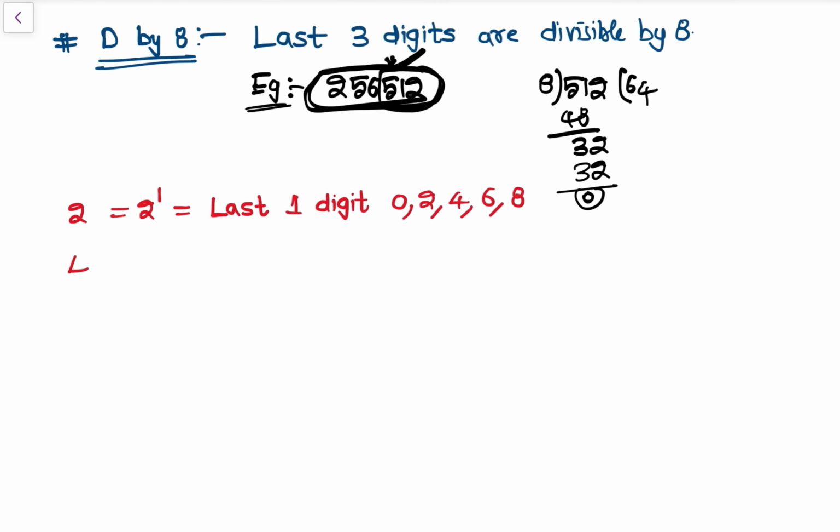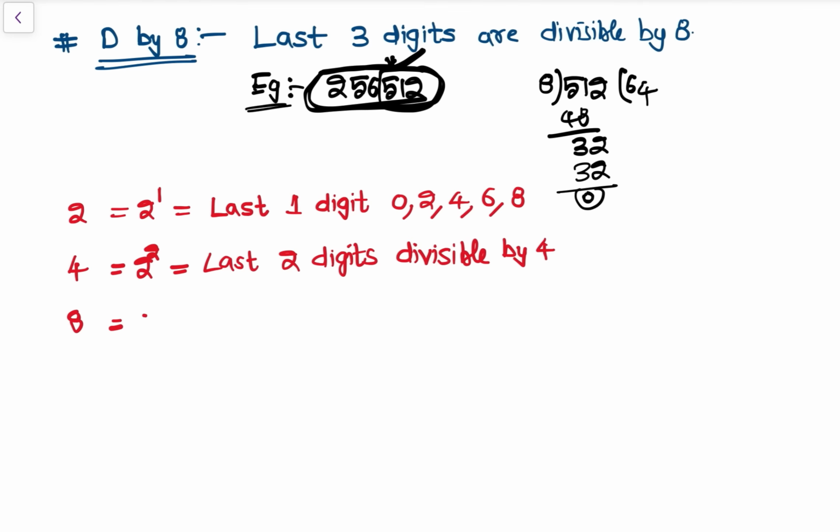Then 4, which is 2 to the power 2, we are saying the last two digits must be divisible by 4. Then for 8, which is 2 to the power 3, we are saying the last three digits must be divisible by 8.